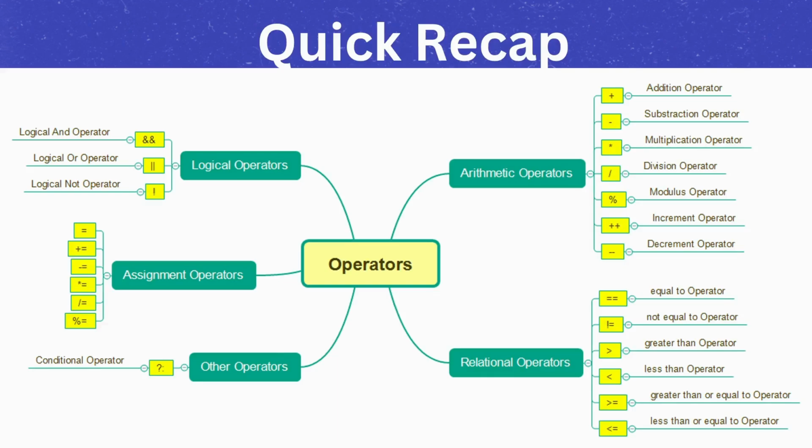Logical operators: logical and, logical or, logical not. How does it work? If and means both the conditions, left and right, should be true; or means if any of the conditions, left or right, is true, the result is true. And logical not operator will negate the result, it will reverse the result. So that is all about operators in Java.